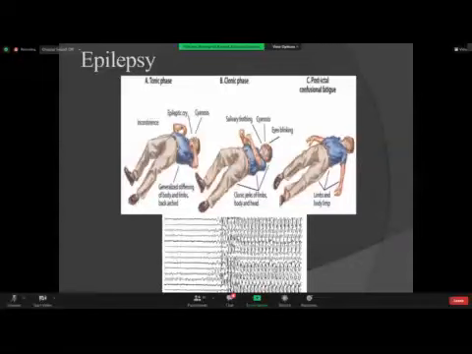What you're looking at over here is probably the tonic phase, and post-ictal, the patient is confused, very tired, and then it takes them some time to come back to normal activity. Again, this requires a whole different discussion.